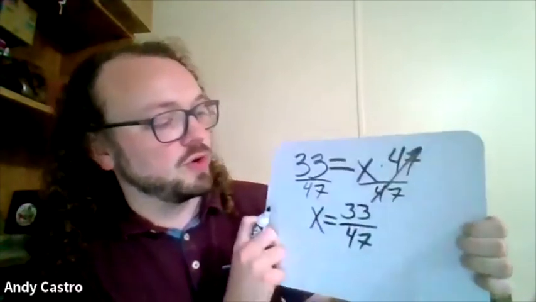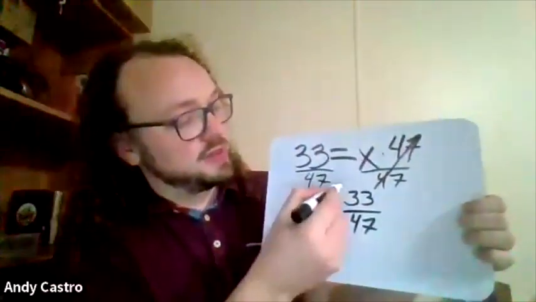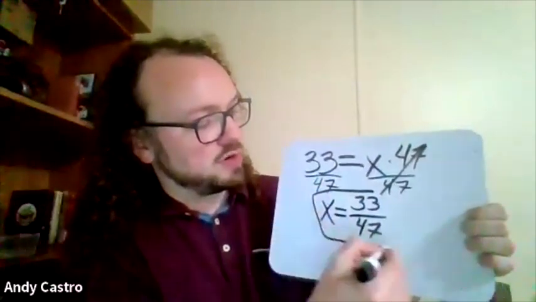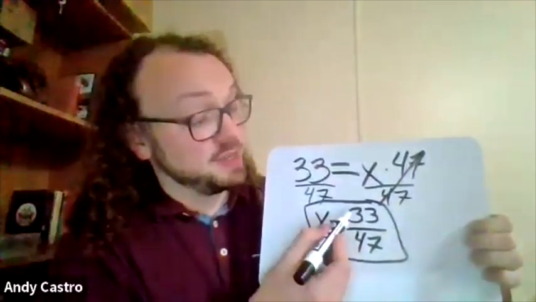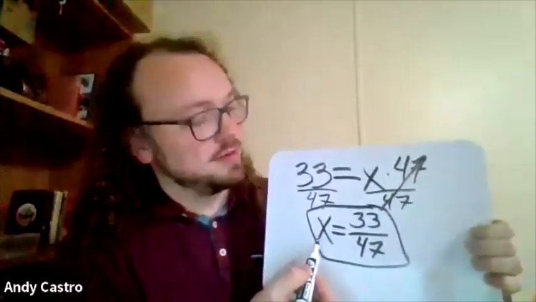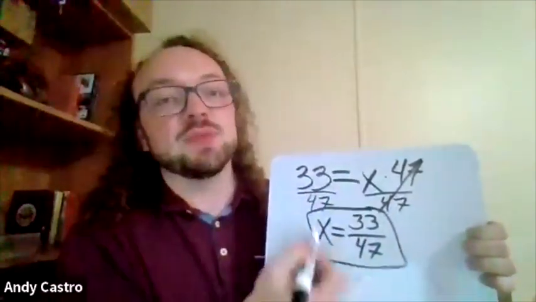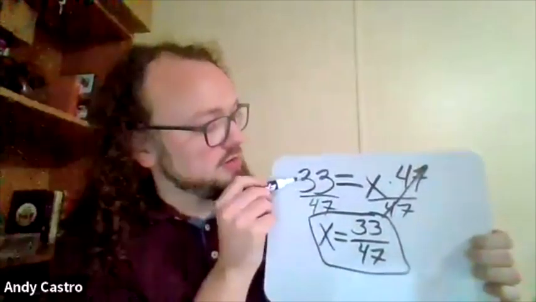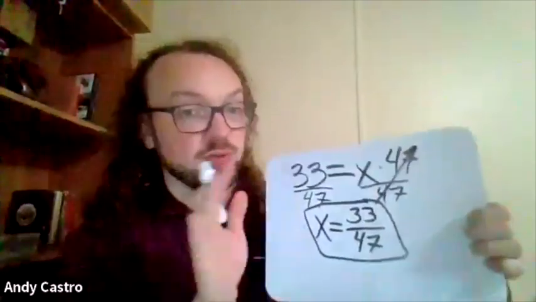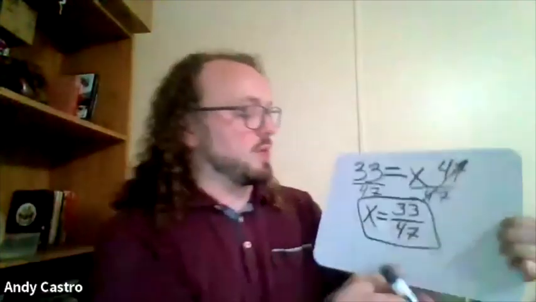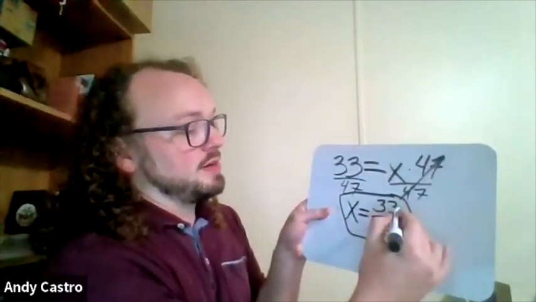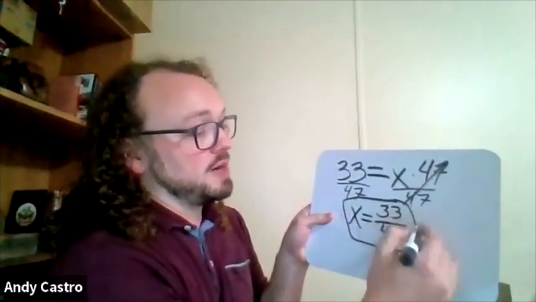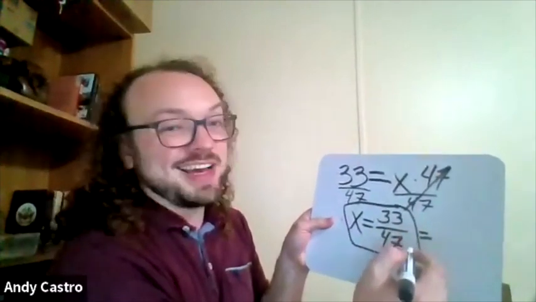Now you could, if you're thinking, oh wait, 33 is part of 47, and if I divide the part by the whole, I'll get the percent. These are the same, two different ways to start. You could start here, or you could start here, whichever way you're most comfortable with, whichever way you think works better for you. I've got a fraction here, but I want it as a decimal.